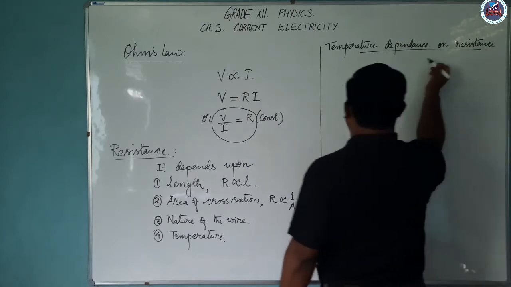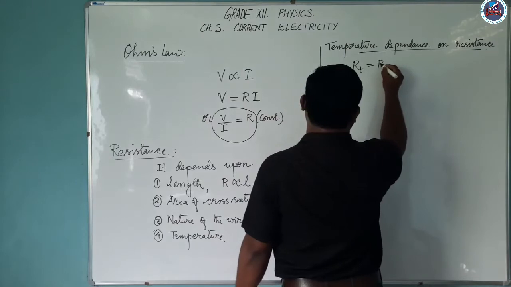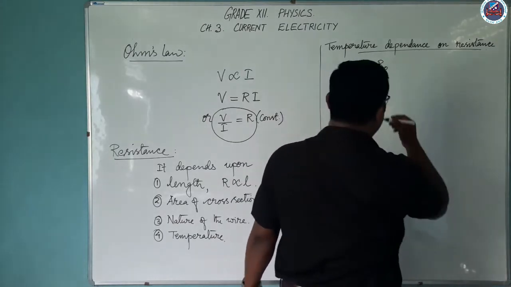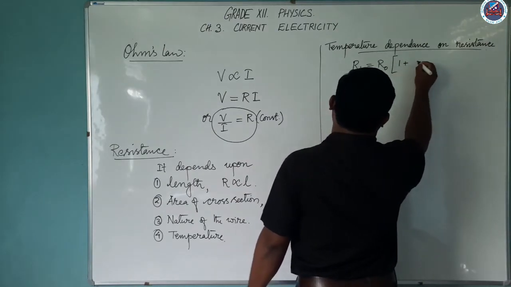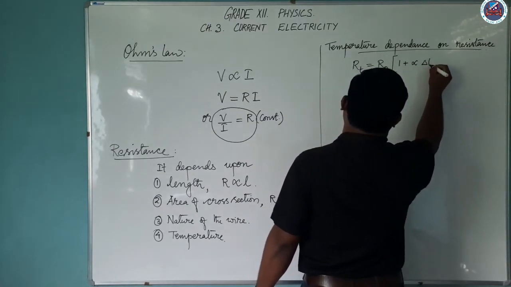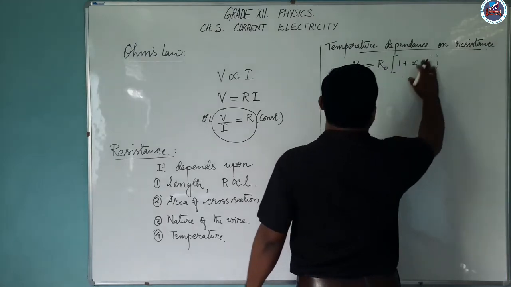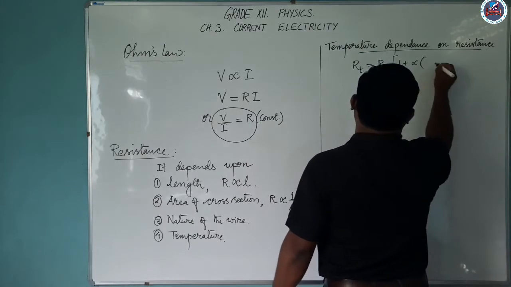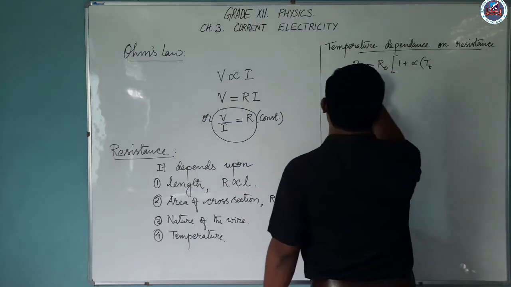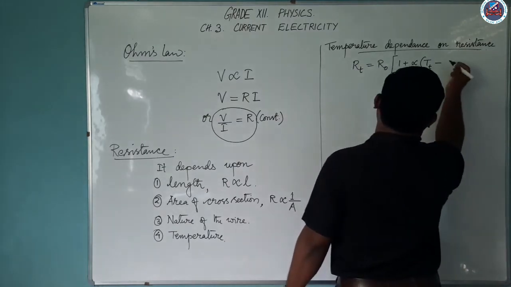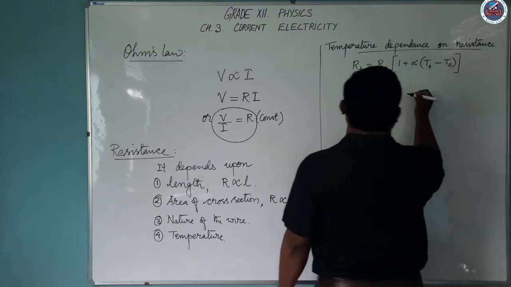Mathematically, we represent it like this: resistance at any temperature T is equal to R naught, the initial resistance, multiplied by 1 plus alpha delta T. Delta T is the change in temperature. You can even write the final temperature T minus the initial temperature T naught. Like this also you can write.